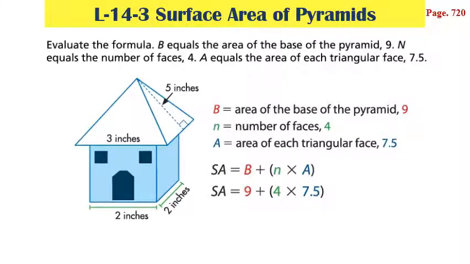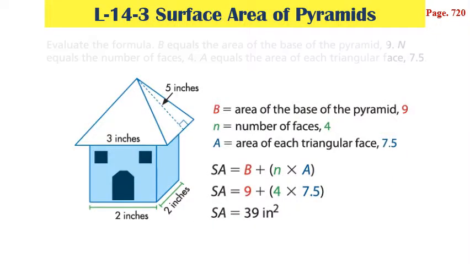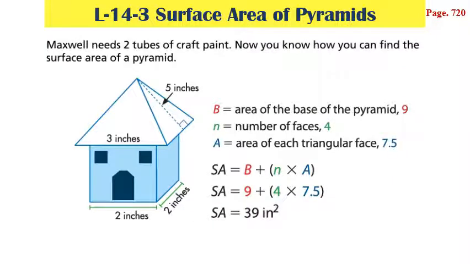B equals the area of the base of the pyramid, 9. N equals the number of faces, 4. A equals the area of each triangular face, 7 5/10. Maxwell needs 2 tubes of craft paint. Now you know how you can find the surface area of a pyramid.